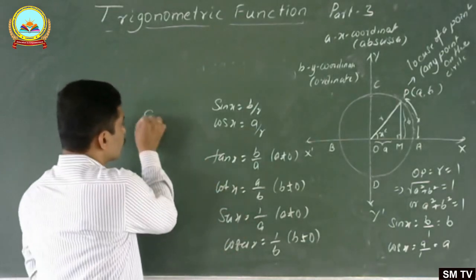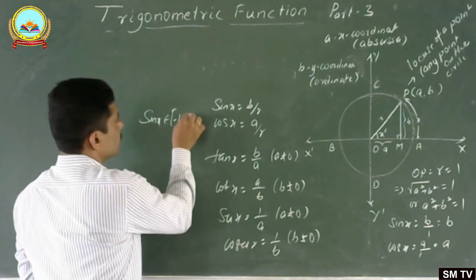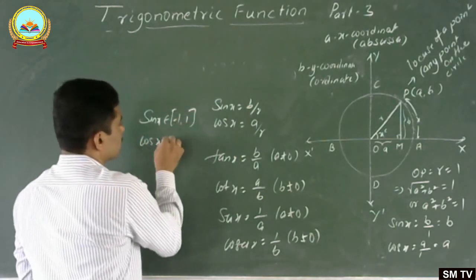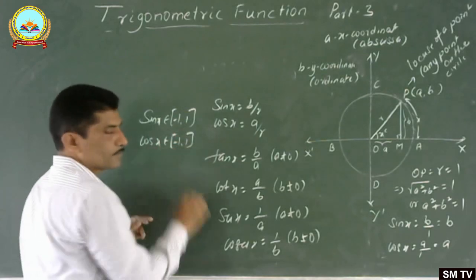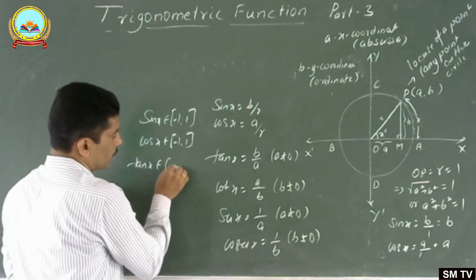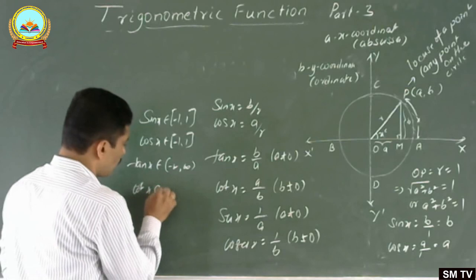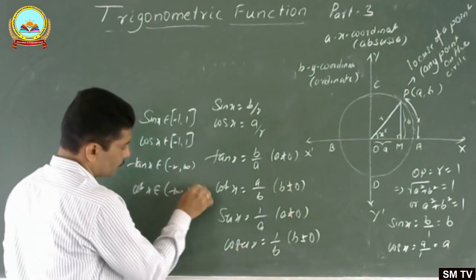And also you know that the value of sin x belongs to the interval minus 1 to plus 1. The value of cos x belongs to the interval minus 1 to plus 1. The value of tan x belongs to the open interval minus infinity to plus infinity. The value of cot x belongs to the interval minus infinity to plus infinity.